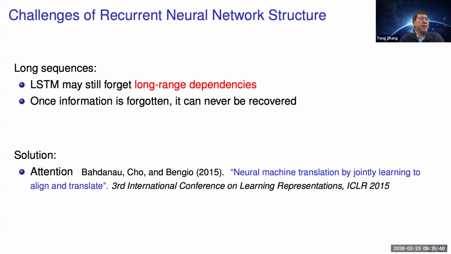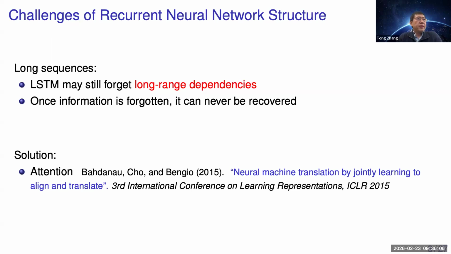The main solution to this is attention, which is quite influential. It started with neural machine translation. At that time, translation was the target people were trying to work on. Nowadays it is regarded as solved, since LLMs can translate arbitrary languages, but at that time it was still very challenging.